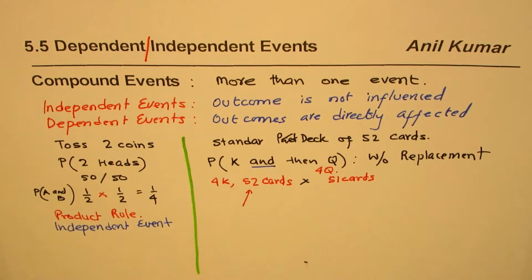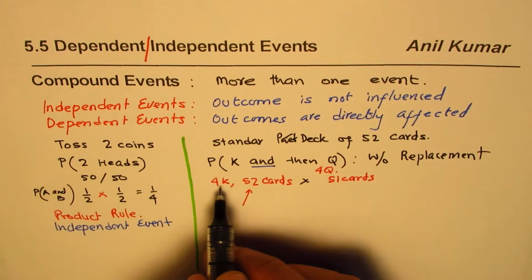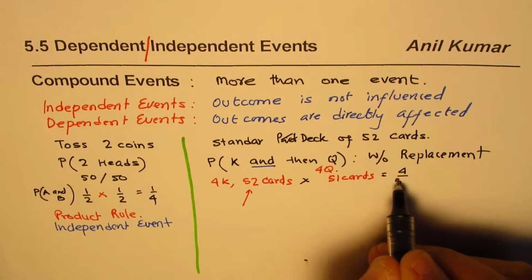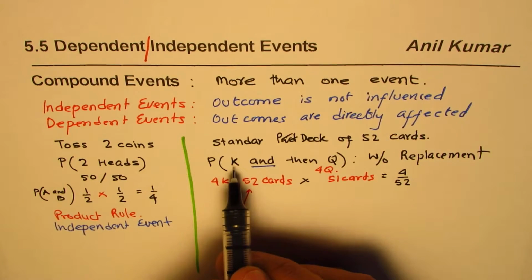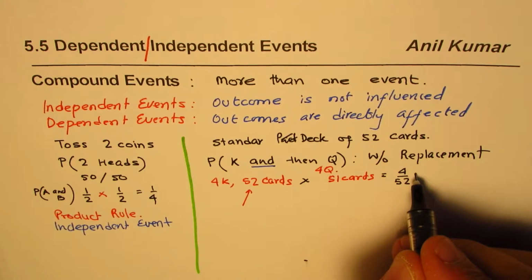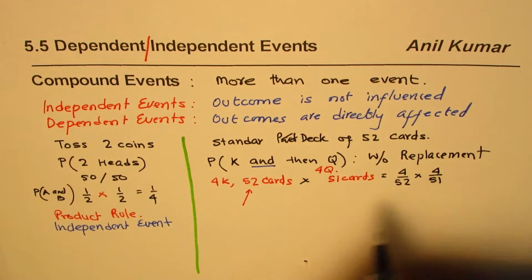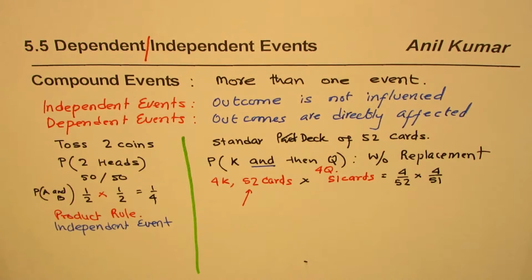In this case, the probability will be 4 out of 52, that is for getting a king, times 4 over 51, that is to get a queen. You get an idea, right? You can always multiply and simplify to get the result. We are not going all the way, but I hope you understand what we are talking about.